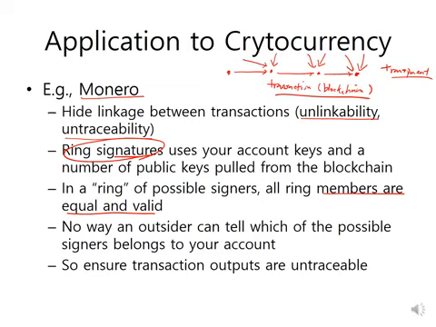So the ring signatures can ensure the transaction outputs are untraceable. In order to hide the transactions, the Monero system can provide unlinkability and untraceability using the ring signature. So this is one of the applications of the ring signature in practice.